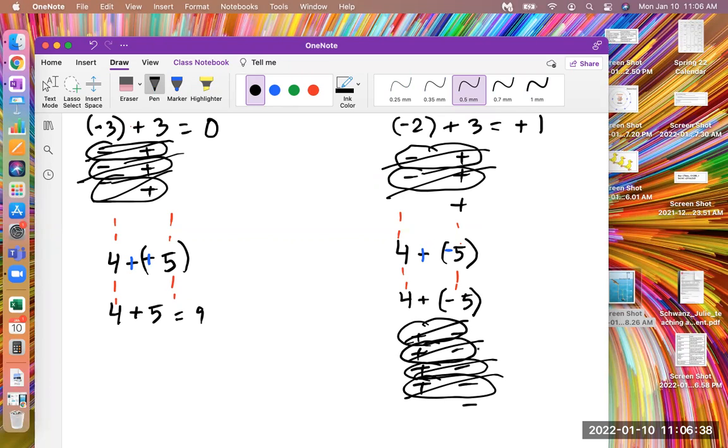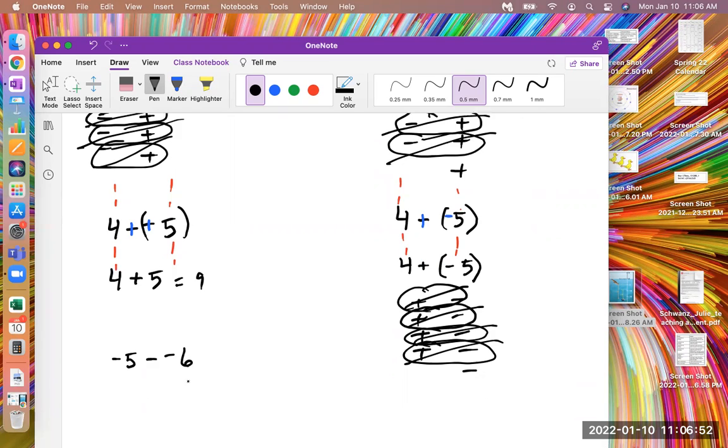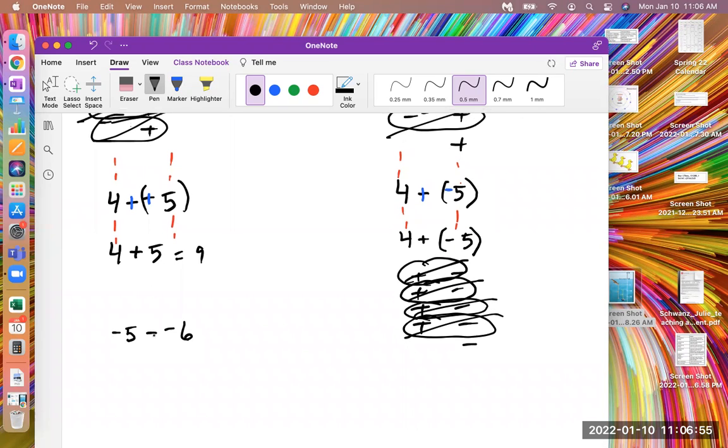That's all you need to know. That takes care of every problem. One other thing that I think I've seen students make mistakes on is if you have something like -5 minus 6. Let's do this problem: it's -5 minus 6.